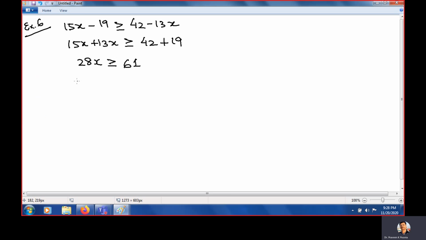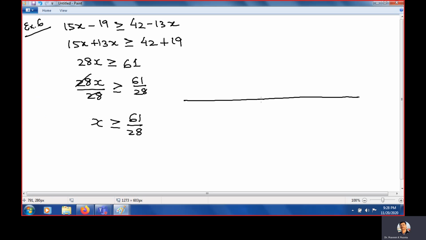Clear? So divide by 28. 28x upon 28 divided by 61 upon 28. And this number is not divisible. So x greater than or equal to 61 upon 28. So how are we solving it?